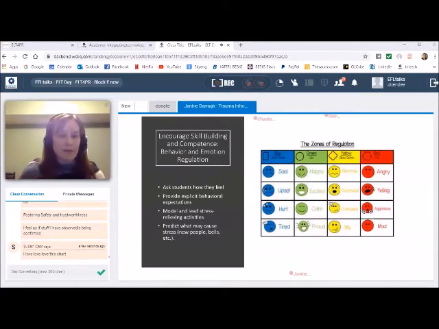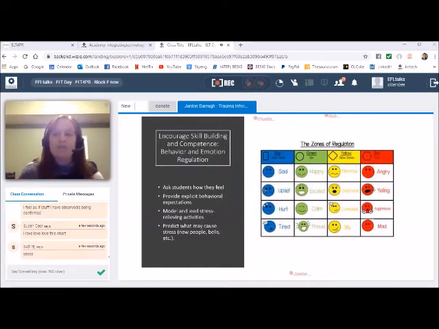I can just glance around the room and I can see where the markers are. And if I have a student who is feeling angry, I know that I want to be especially careful and supportive with that student. One of our very first units for English with our brand new learners is language of emotions, because in identifying that emotion, it can really help us to be able to share how we're feeling and to open up opportunities for learning to take place.